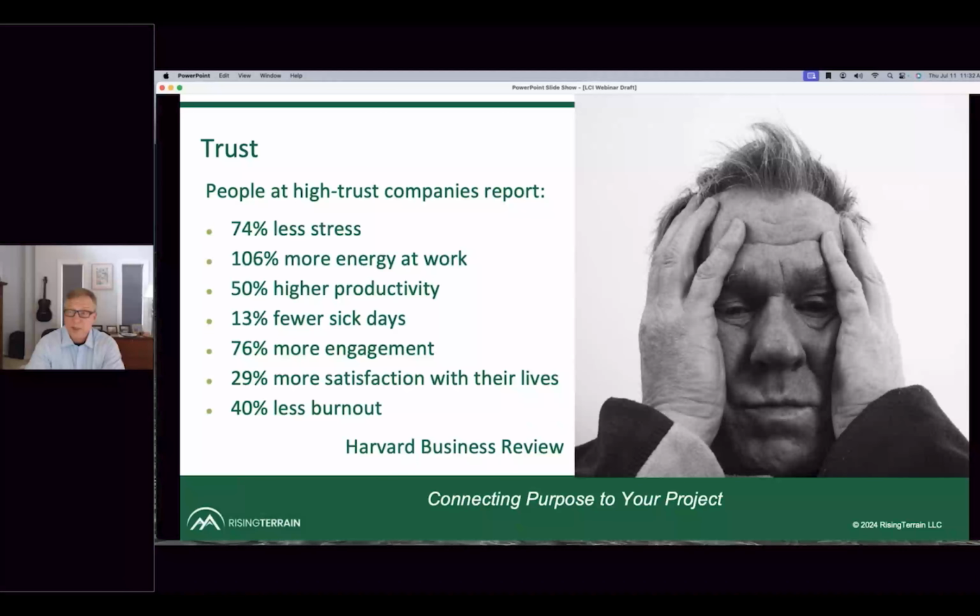And I believe there's not a lot of debate that that's an important aspect of solid teamwork. Productivity is wonderful, but think about this: having more energy at work, having less stress, feeling more engaged and more satisfied, avoiding the effects of burnout. So creating a team that you feel has your back is this next step in terms of really talking about purpose.